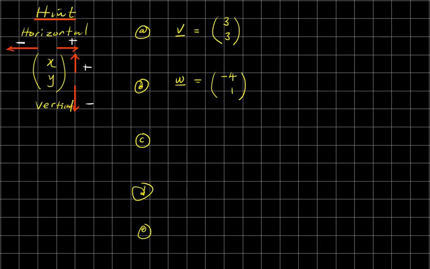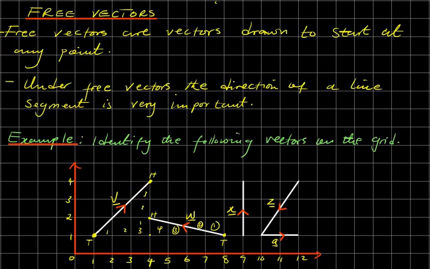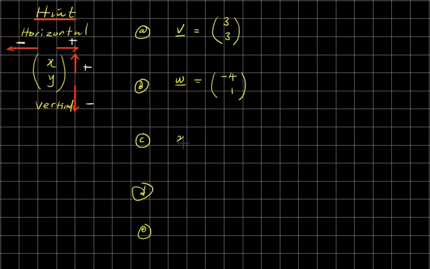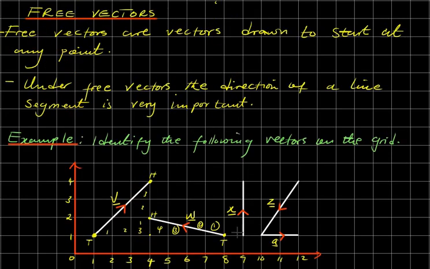Okay, next, X. If you look at the vector X, we are not going to move horizontally in any way, because this is just a vertical line. This means that it is 0 units horizontal. Then how many units vertically? We are counting 1, 2, 3, starting from the tail.